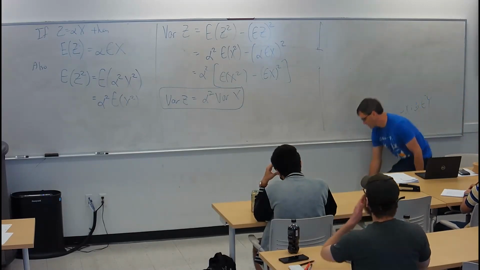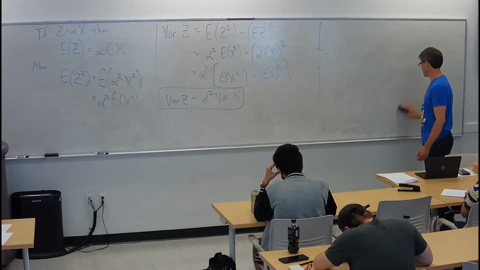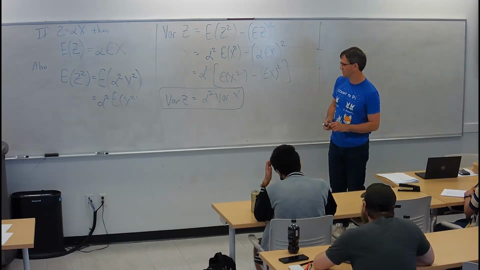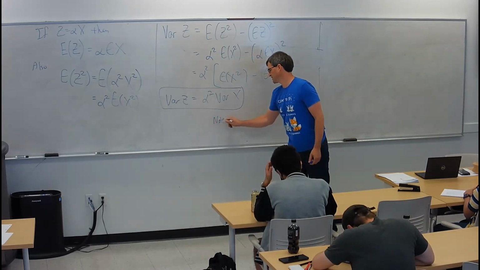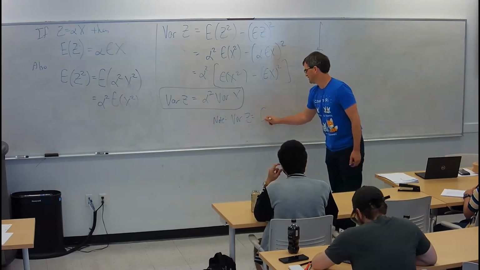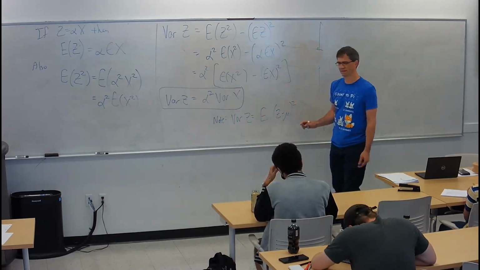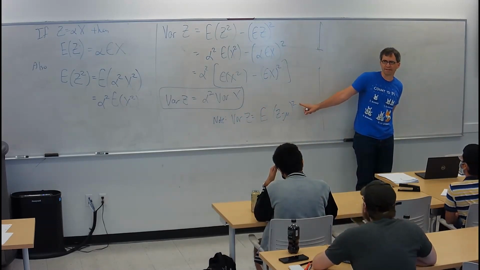Why did that square happen? Well, we saw the math, but another reason that we can expect a square is that if you recall, the variance was, you don't need to write this down, it's just a comment for you. The variance, recall, is the expected value of Z minus mu squared. So the thing inside the expectation is getting squared.